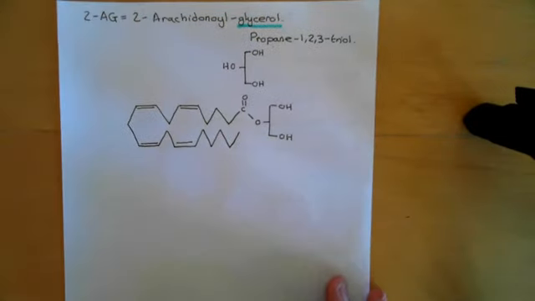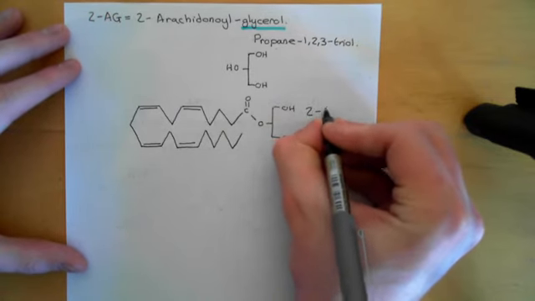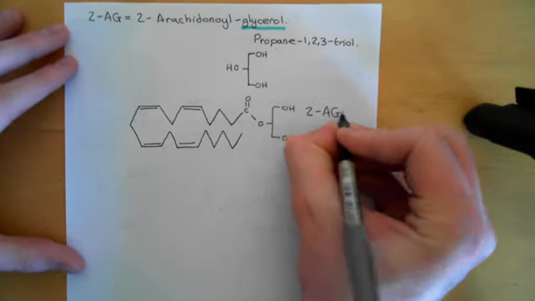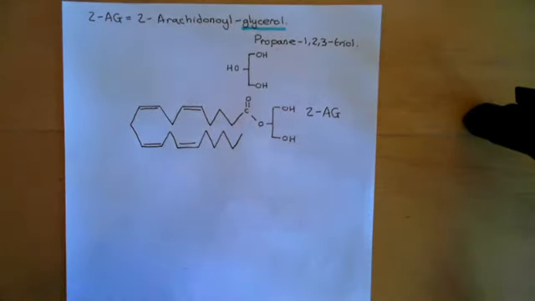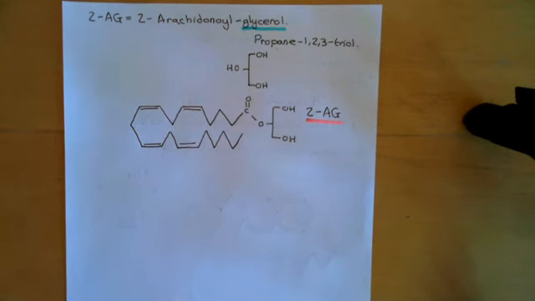So that now is the structure of this other endocannabinoid molecule, which is 2-arachidonyl glycerol, and it really is just an arachidonyl group attached onto a glycerol molecule.